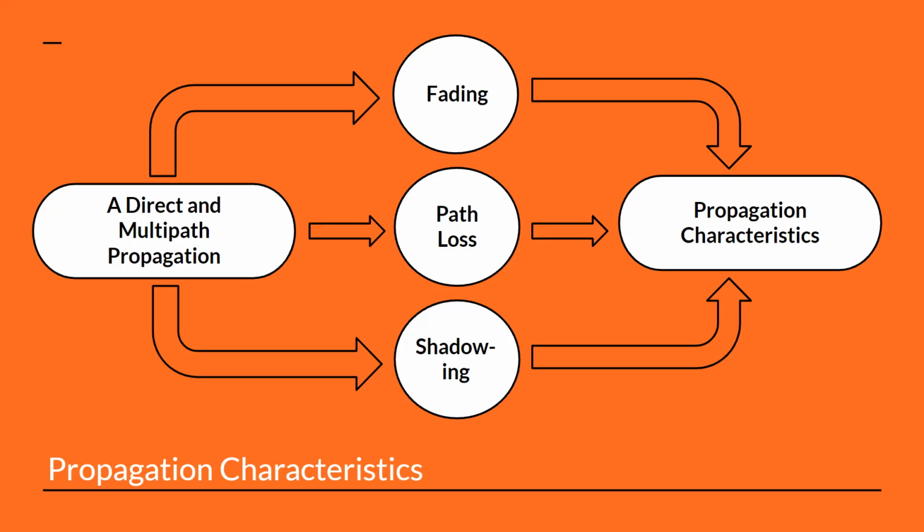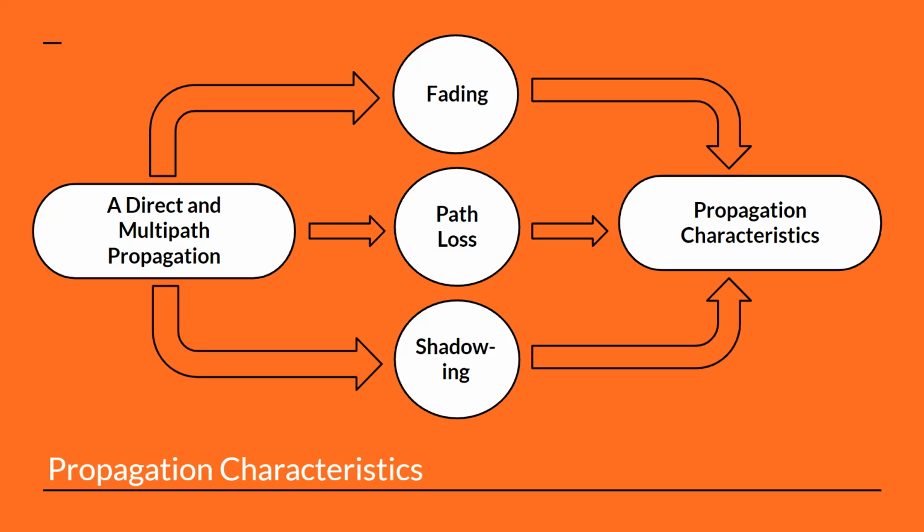Path loss is like an average, shadowing is basically due to obstruction, and then we have fading. These three problems need a solution, that is a propagation characteristic.